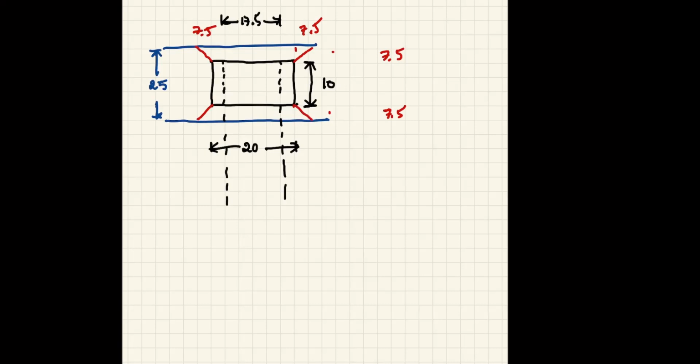So that means the area A2 would become 25 here, which is already limited by the width of the concrete beam. And then this is equal to 20 plus 2 of 7.5 or 35.